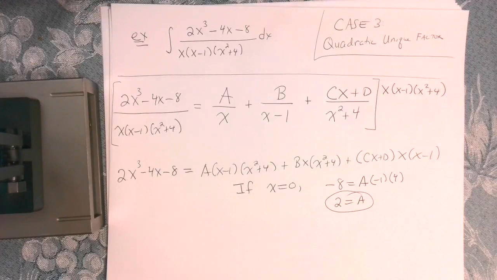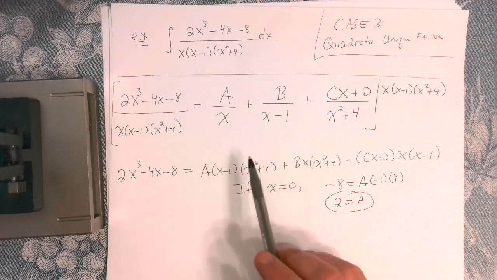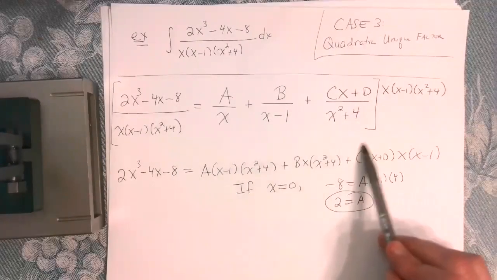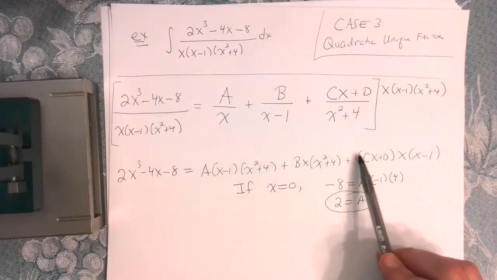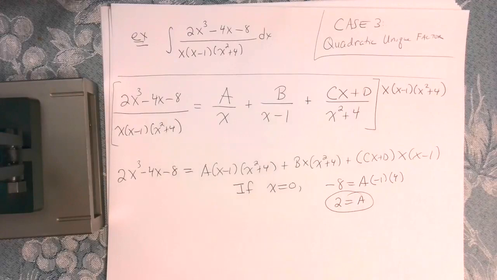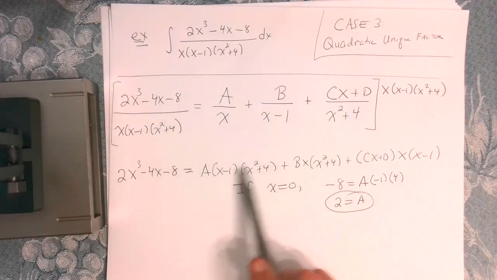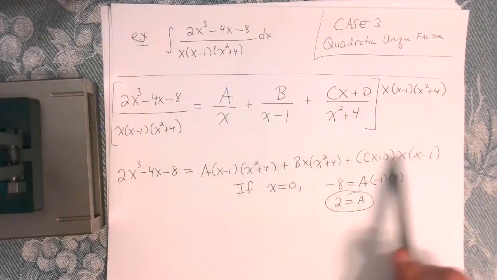Let's see here. Can we find B? Is there a choice of x that would make this drop out and this drop out, allowing me to solve for B? Well, if x is 1, that's going to 0 out, and that's going to 0 out.